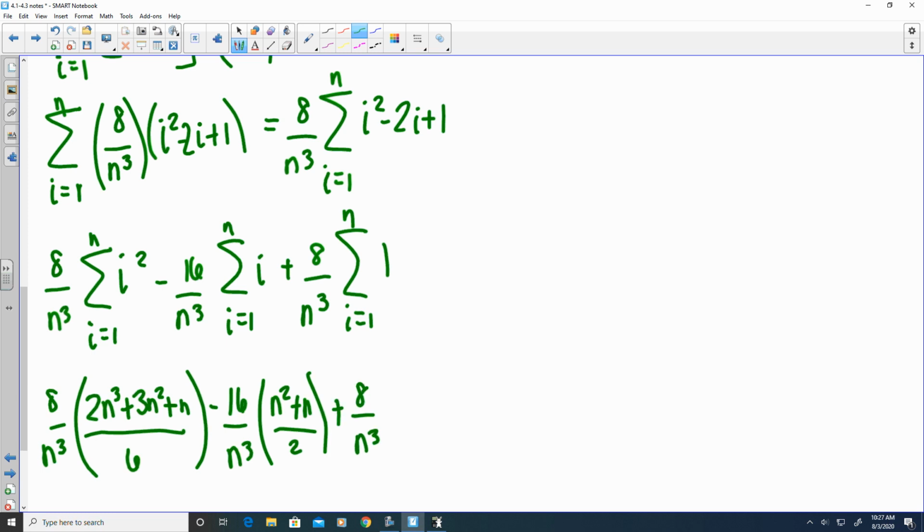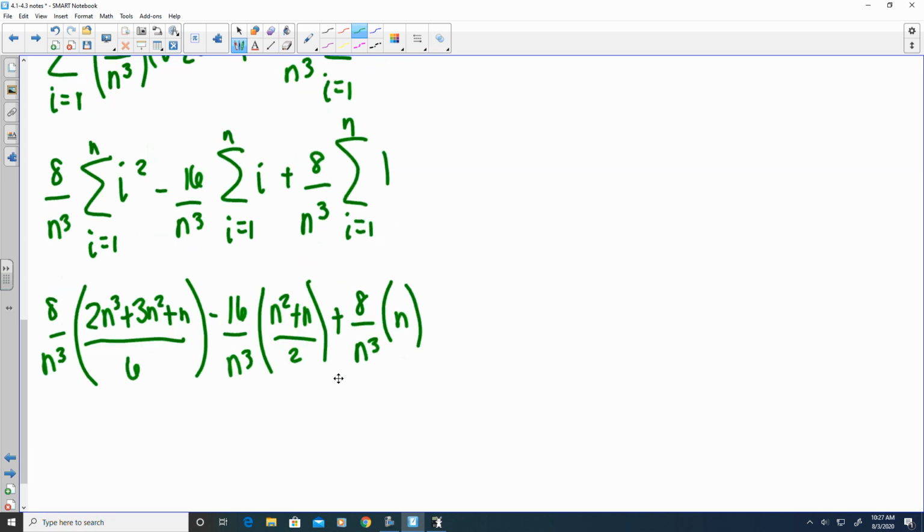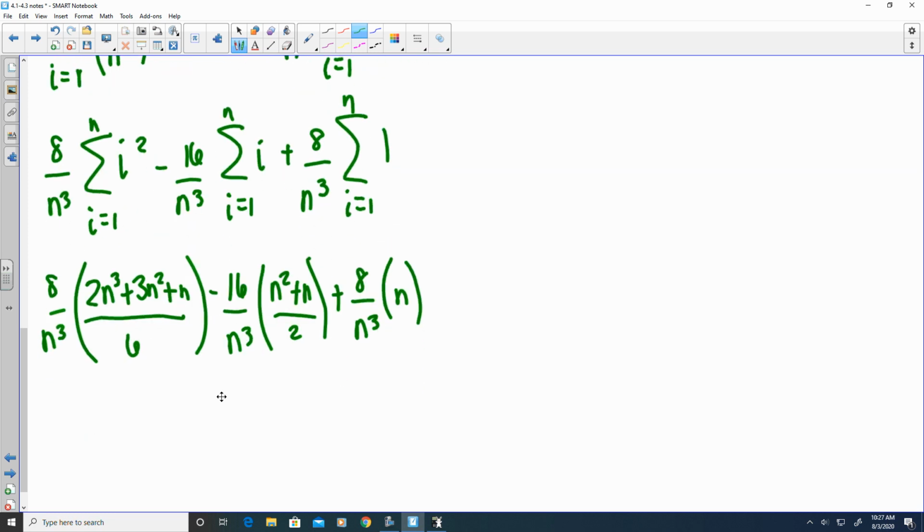And 1 turns into n. So through a lot of algebra and substitution, this is going to simplify to 8/3 minus 4 over n plus 4 over 3n squared.